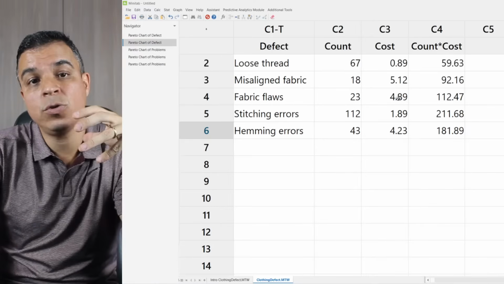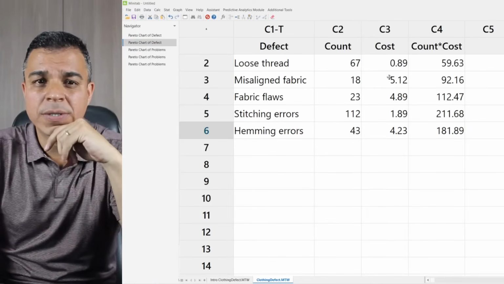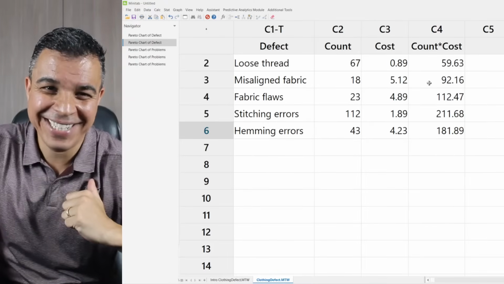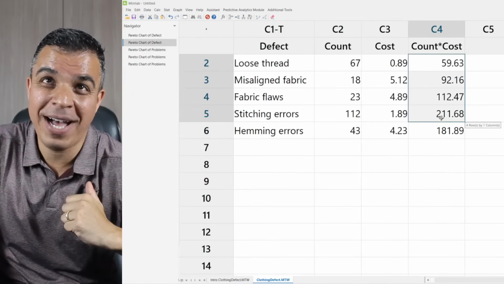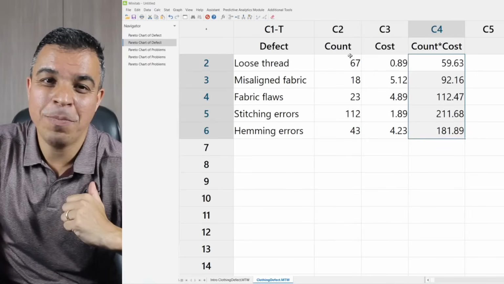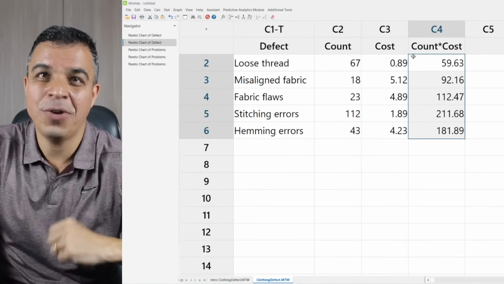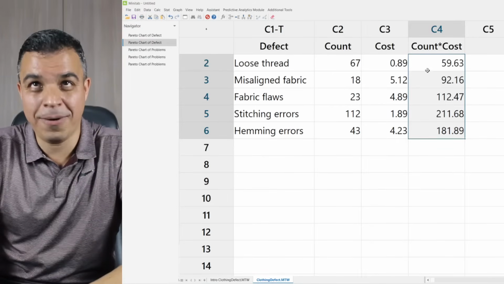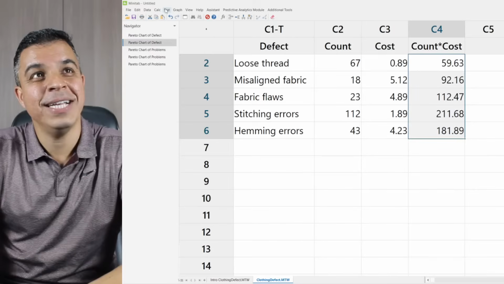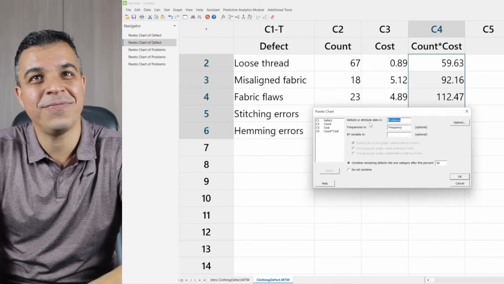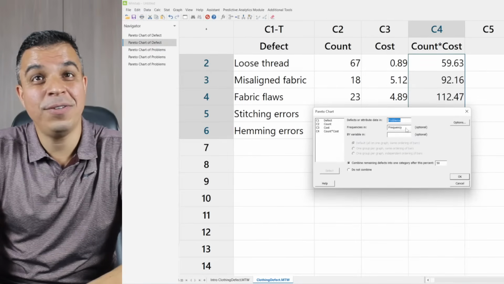The rework cost, you know. So you definitely want to multiply the cost by the number of defects. So you have a column with count times cost. Then you have another Pareto.